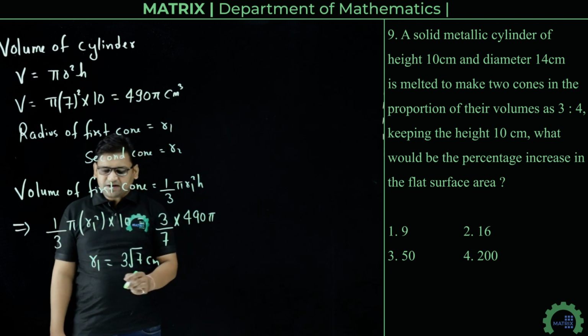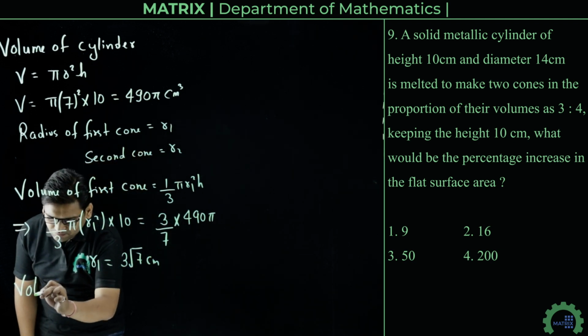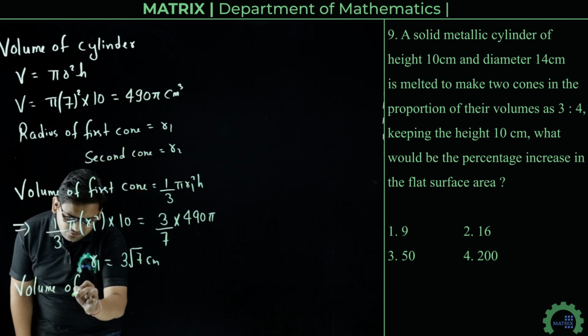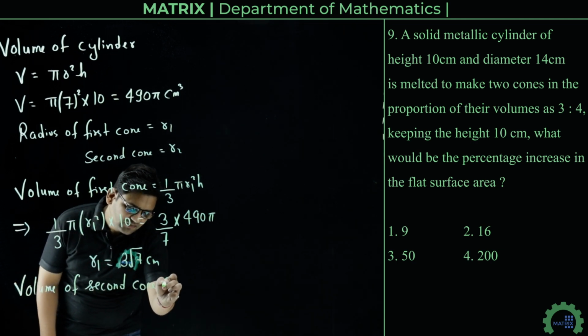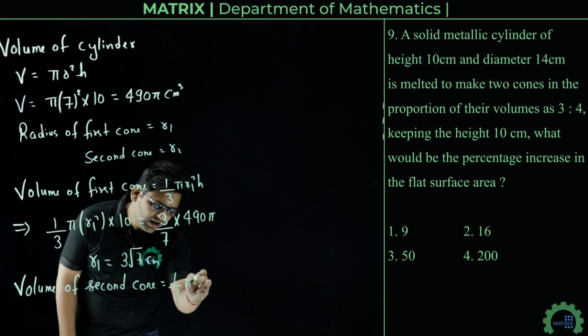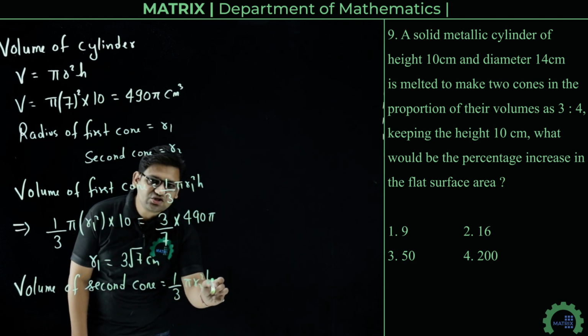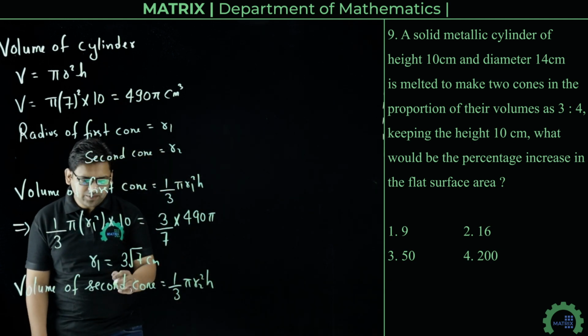Similarly, volume of second cone will be 1/3 pi r2 square into h, where height is again 10 centimeter.